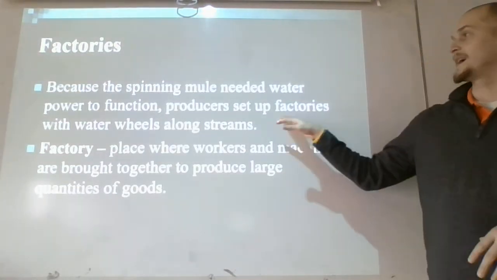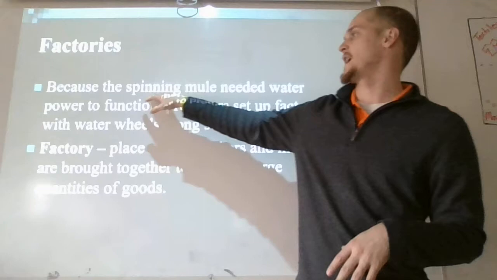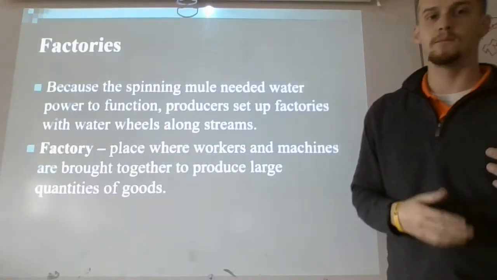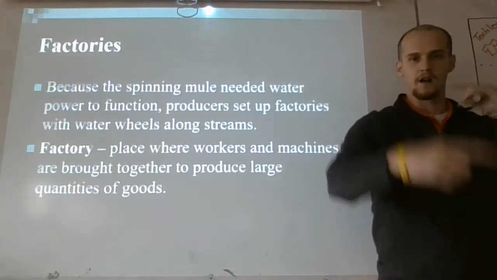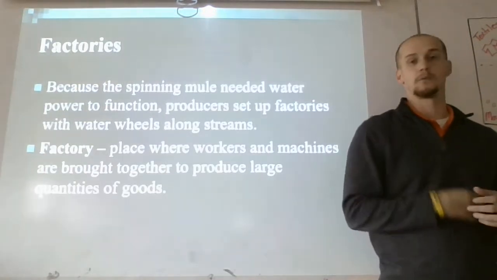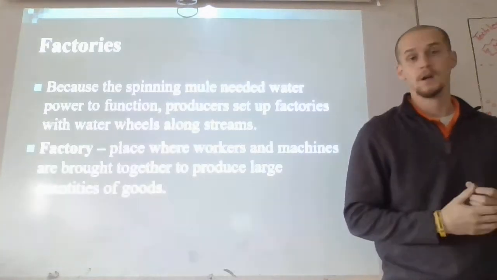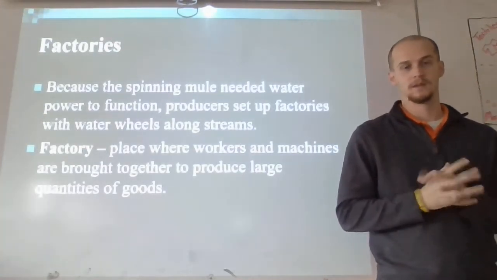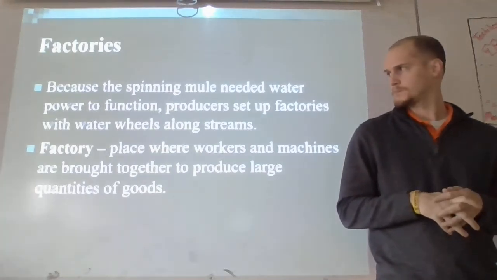These textile factories are being built near streams where they could set up water wheels. And these water wheels would bring the water that you needed to operate the machines and then to power the rest of the factory through hydropower, because hydro stands for water.